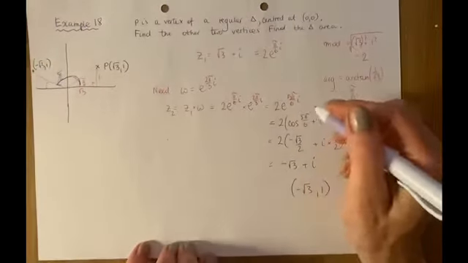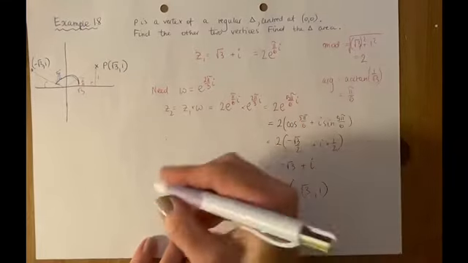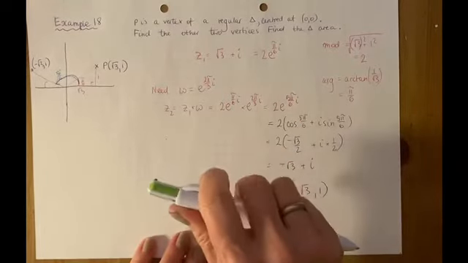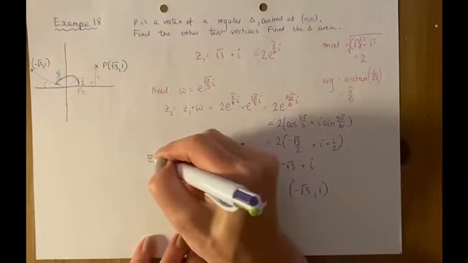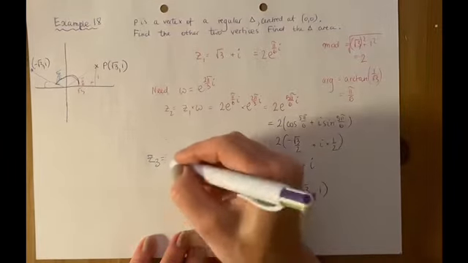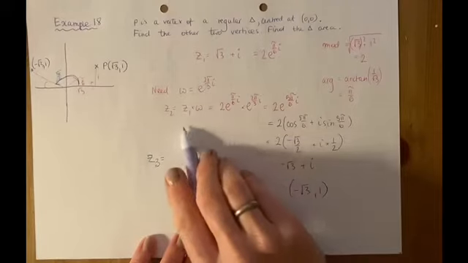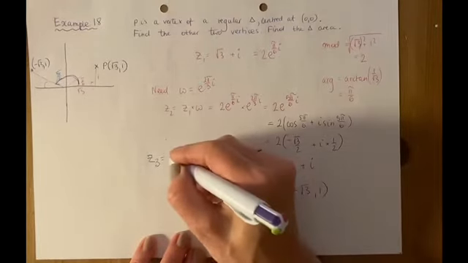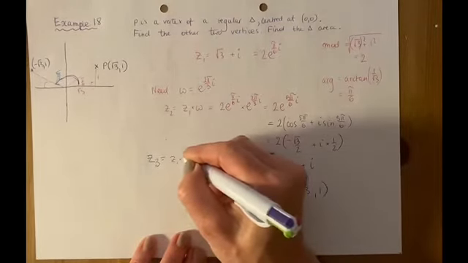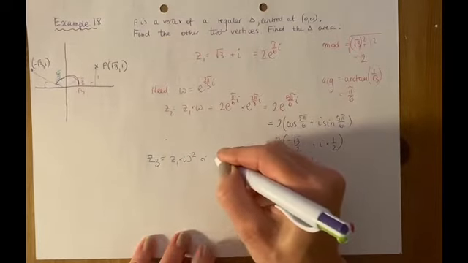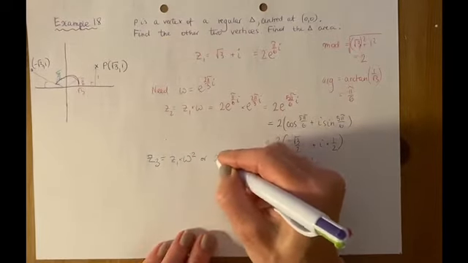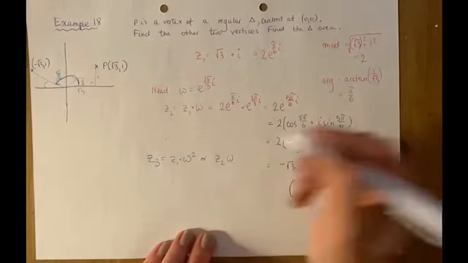And then finally we need to find the third one. So that's going to be, let me do it in a different color, z3. Okay, so this time you can either multiply z1 by omega squared, or you could do z2 by omega, whichever way you do it.